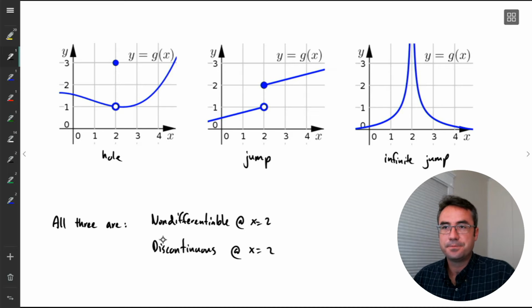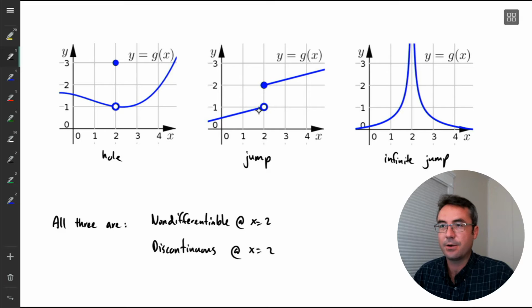And so, why are they discontinuous? Well, imagine trying to trace over these. In this first one, we're okay on this first bit here, but then eventually we get close and we have to take our pen off the page, bring it back down, draw this dot, take it off again, bring it back down, and then we can continue on. So it's discontinuous at x equals 2. What about for the jump? Same thing, we start, this is okay.